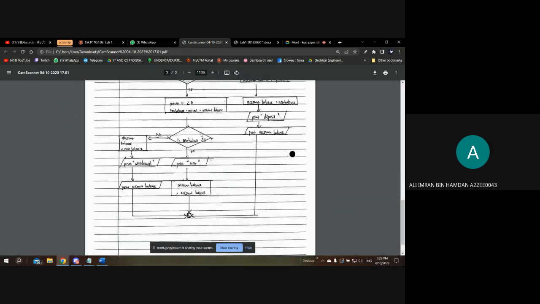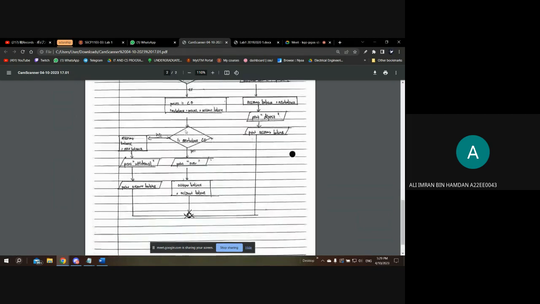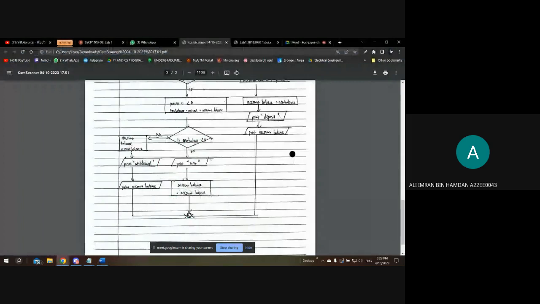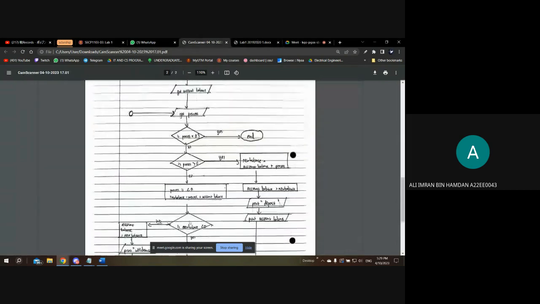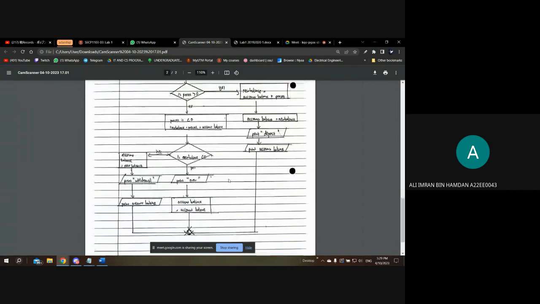If it's a withdrawal, again it's basically just the translation of this one. New balance less than 0, print error, account balance equals account balance. Keep the same thing, don't change, like the question asks for. Go to the terminal, go back to the create process, and then go back to the end.